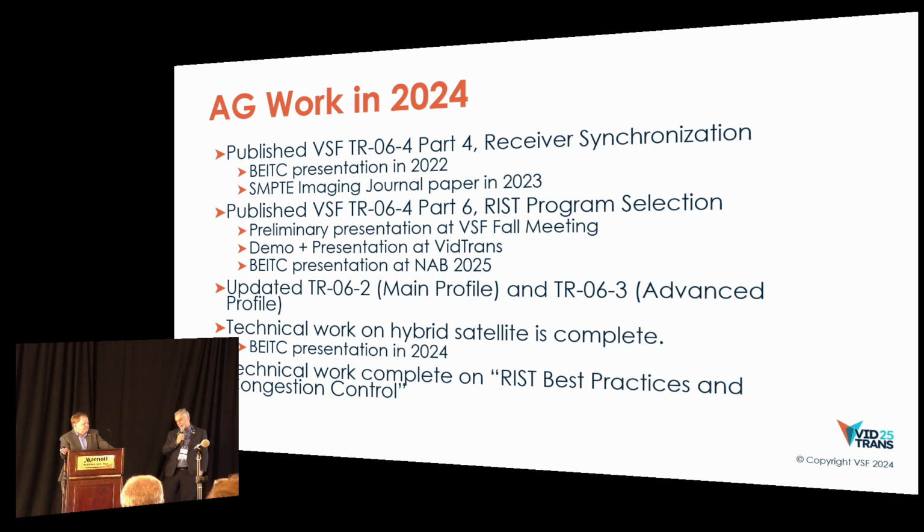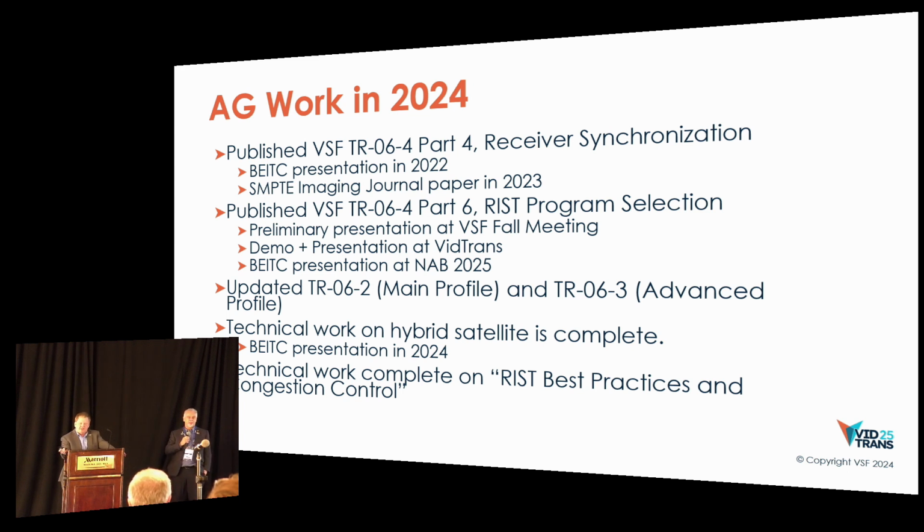Then there is the SAT hybrid stuff. You want to talk about that, Rick? Yeah, so obviously we're working on SAT hybrid. One of the things that many of you have heard about is there is a danger of C-band satellite possibly no longer being available to us.